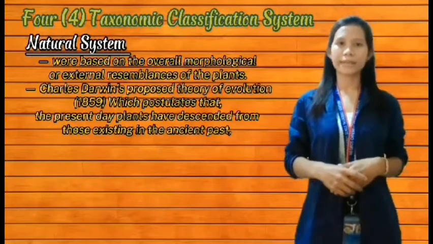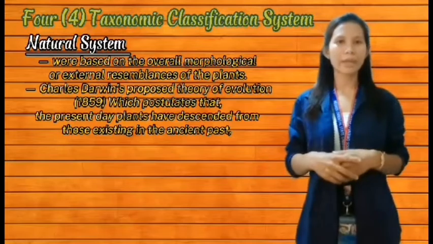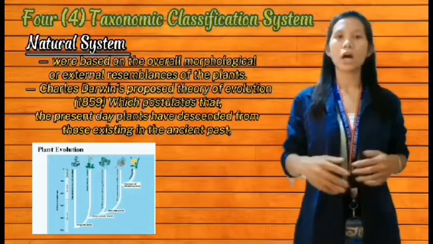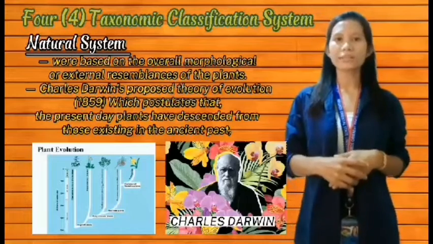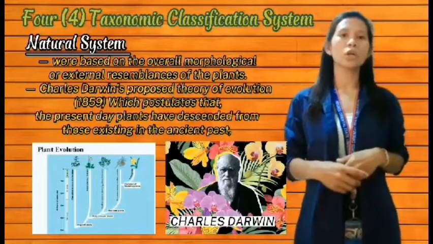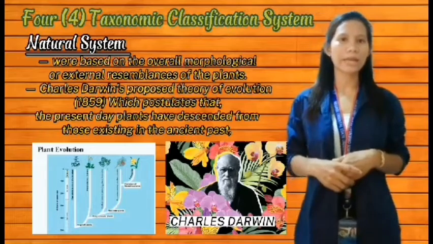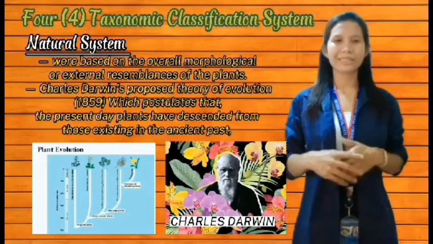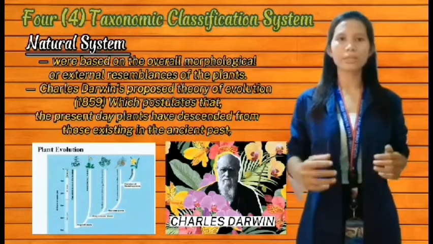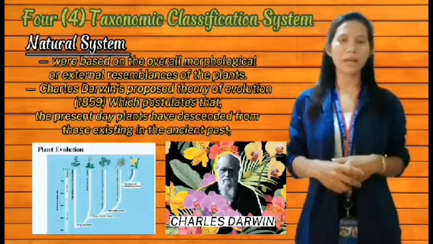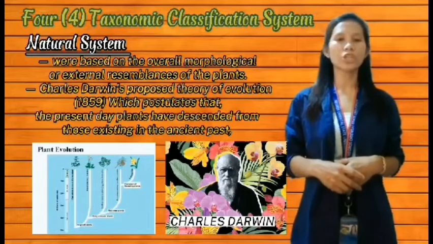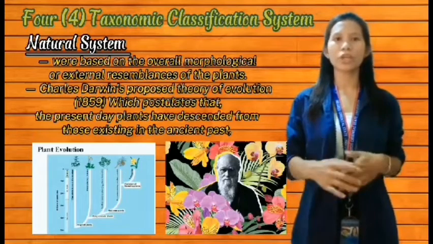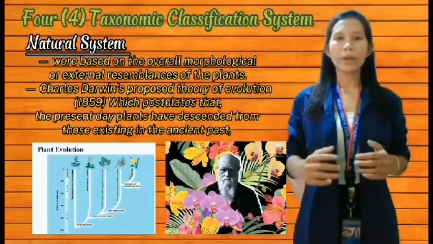Next is the natural system. These systems were based on an overall morphological or external resemblance of the plants. So, Charles Darwin proposed the theory of evolution, which postulates that present-day plants have descended from those existing in the ancient past through a series of modifications in response to changing environmental conditions, which means that all present-day plants are related to each other in one way or another.